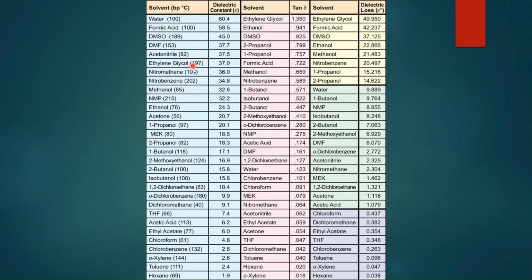Various solvents are given here along with the dielectric constant and the dielectric loss. Tan delta is given as epsilon double dash by epsilon dash, that is, dielectric loss divided by dielectric constant. Depending upon that, we can choose the type of solvent which can be used for the reaction.